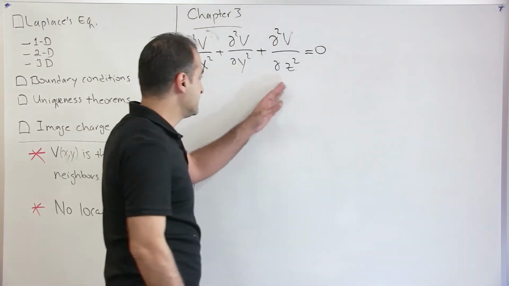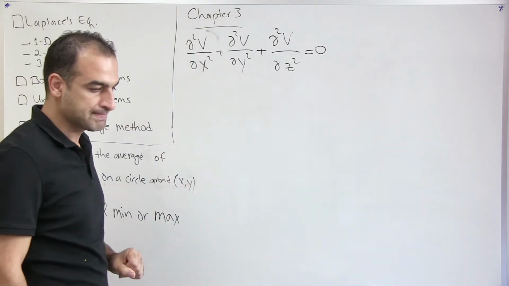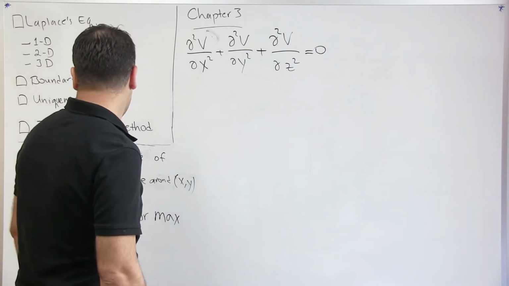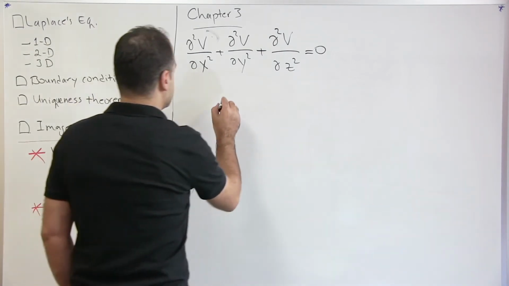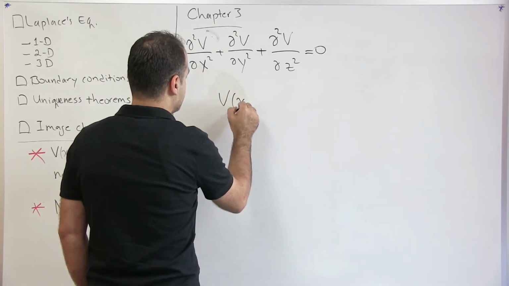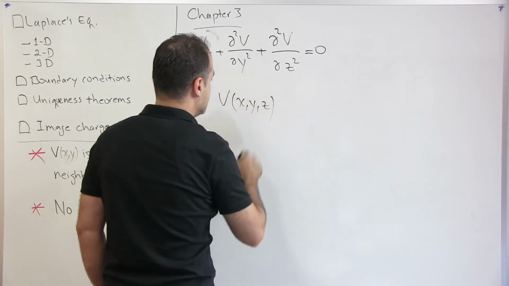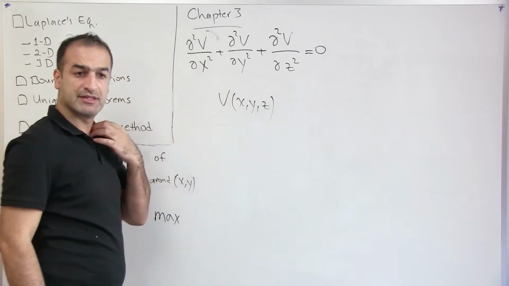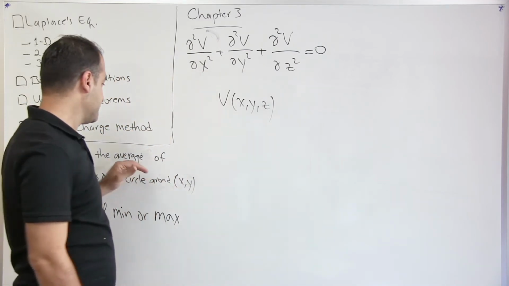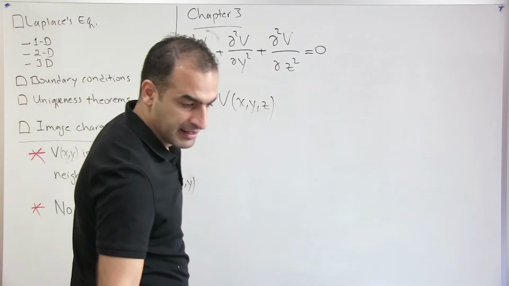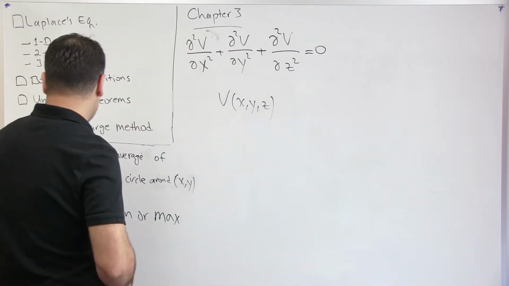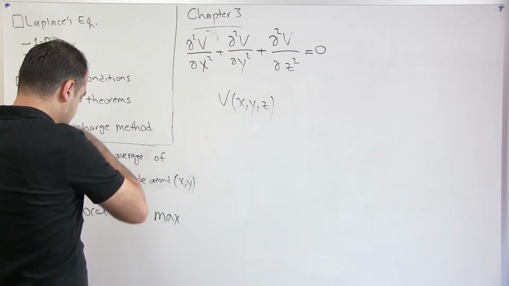So this is the three-dimensional case. Let's say V of x, y, and z is a solution to Laplace's equation. The first property, I would write mathematically in terms of an integral at any point.